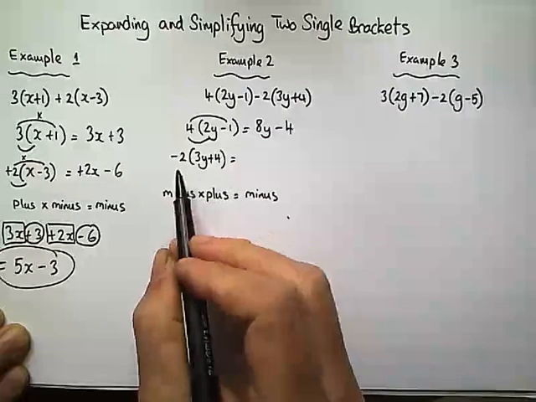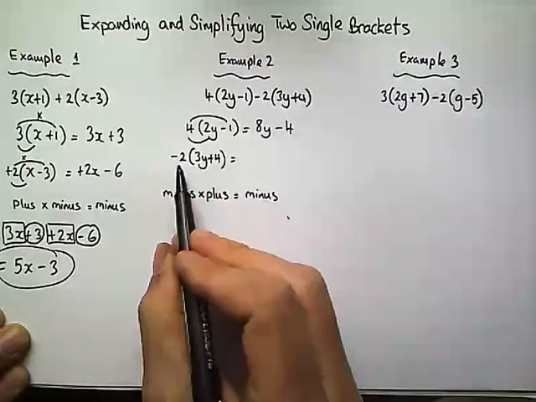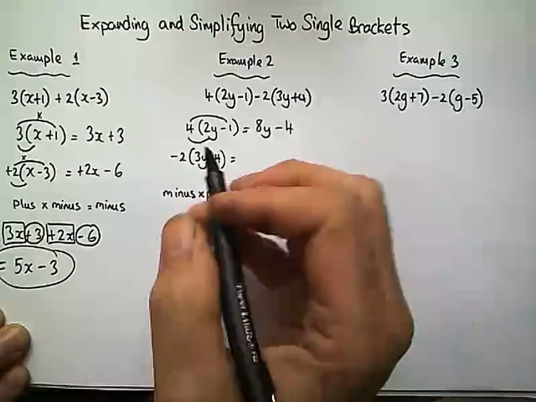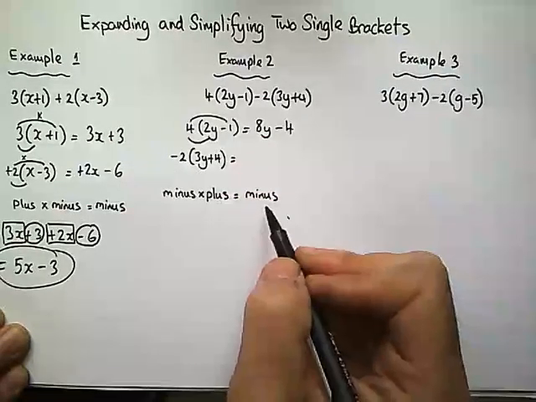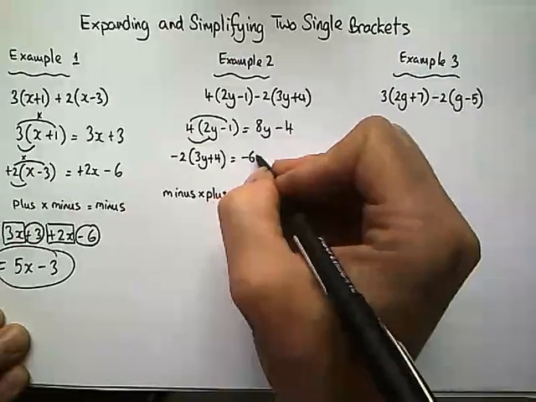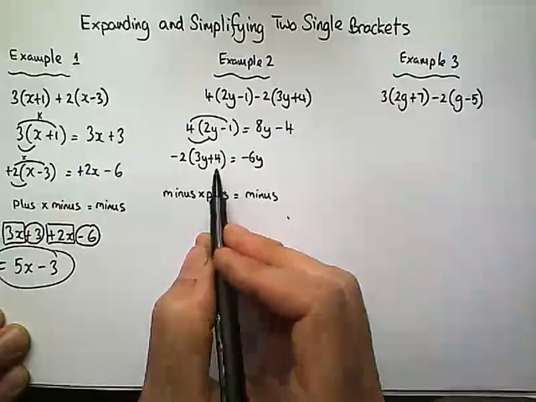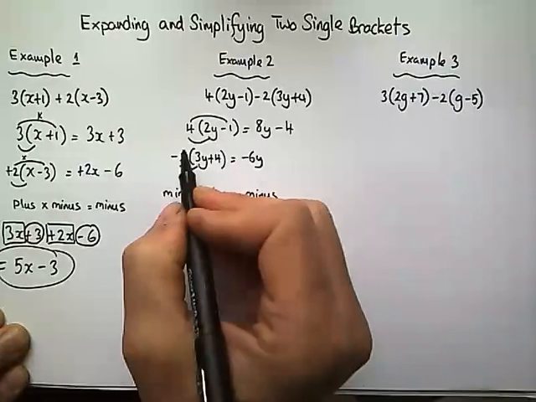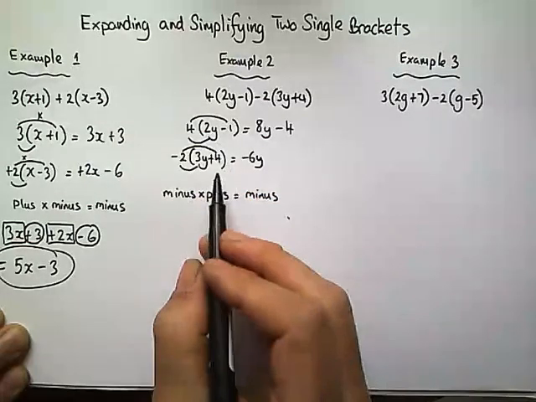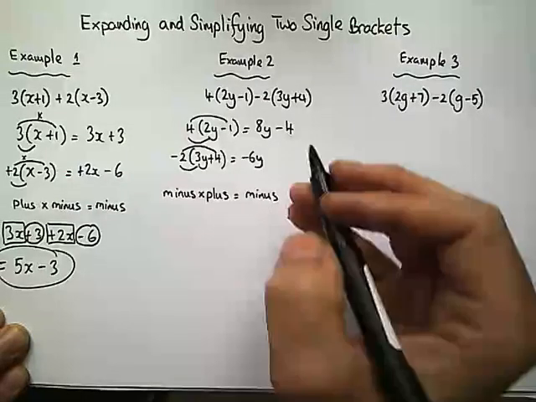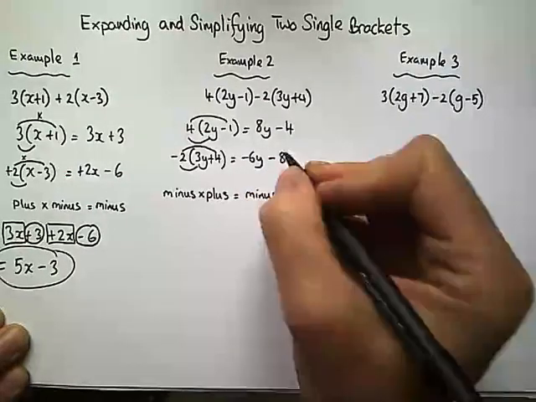So 2 times 3, 2 lots of 3y is going to be 6y, but a minus times a plus will make it minus 6y. Now minus 2 times a plus 4. A minus times a plus gives us a minus. 2 times 4 gives us 8, so that's minus 8.